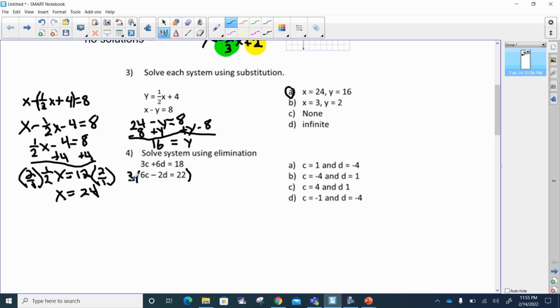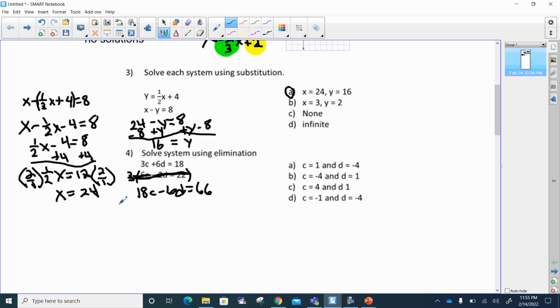If I do, 3 times 6 is 18, so that's 18c. 3 times negative 2 is negative 6d. And 3 times 22, that's 66. And now this is gone.